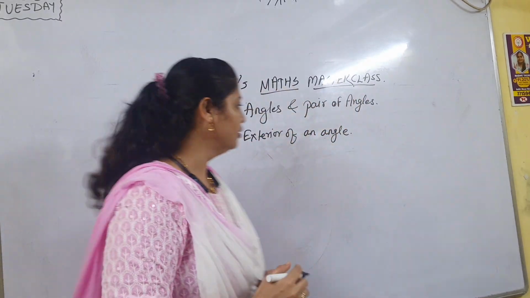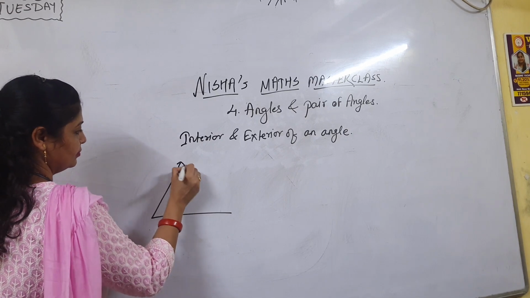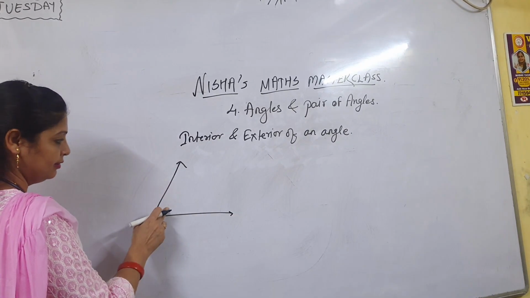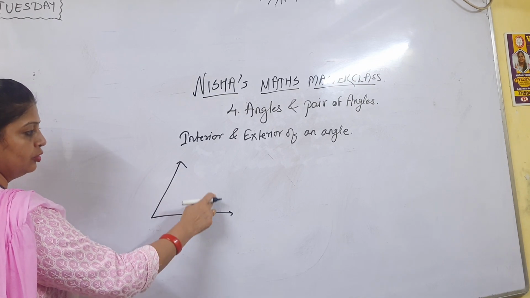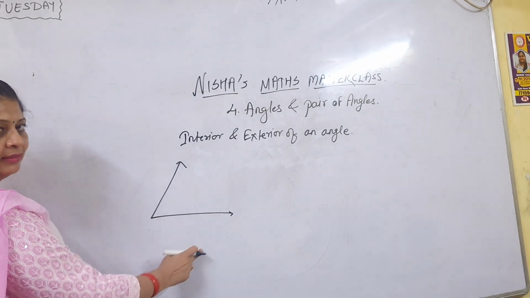Now see, for example, this is our angle. Whatever the part occupied by the angle, that is the interior. And whatever the part is outside, that is the exterior. Got it?